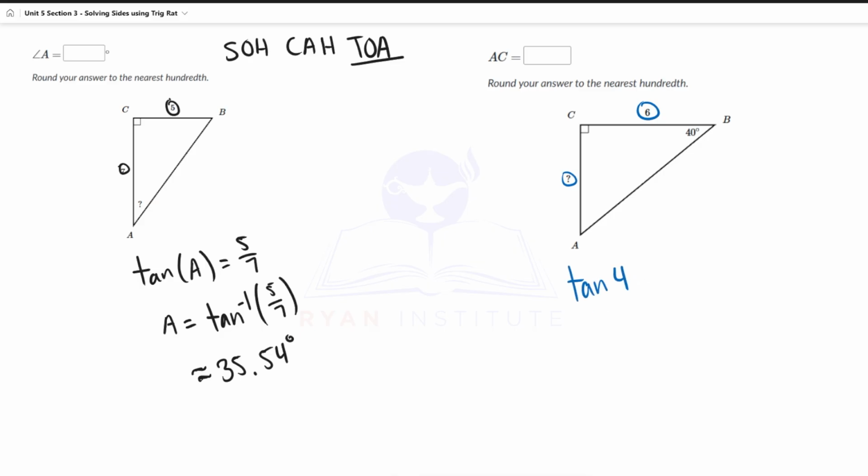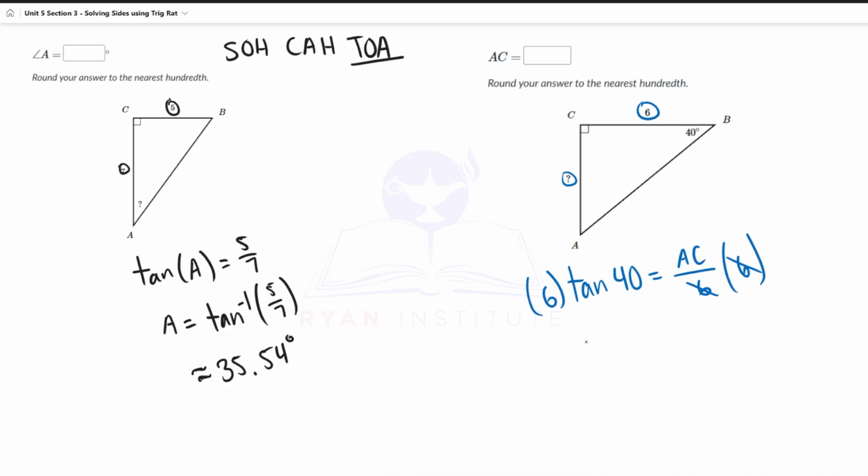Tangent 40 is equal to opposite, which is line segment AC, over 6. We need to find AC here, so we're going to get it by itself by multiplying 6 on both sides. So this cancels out.